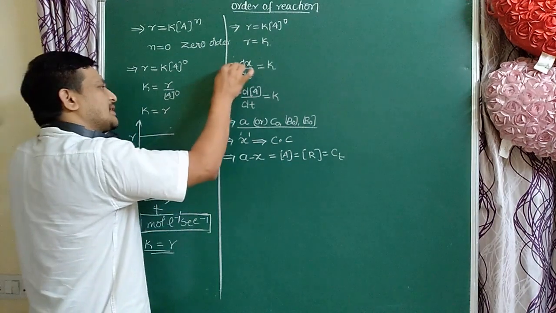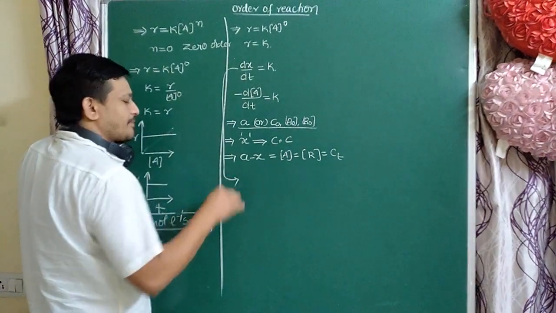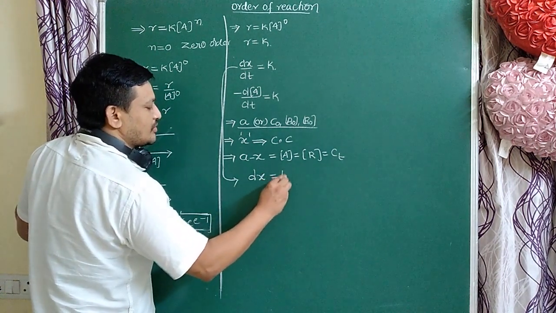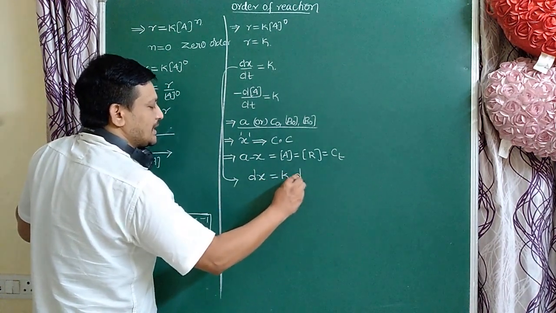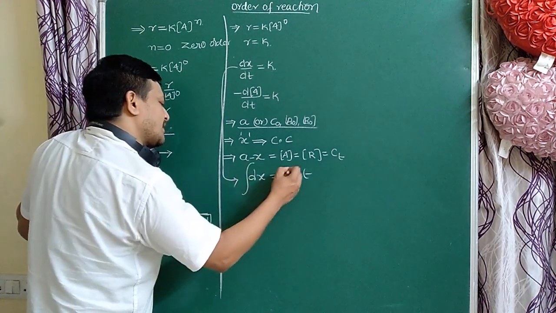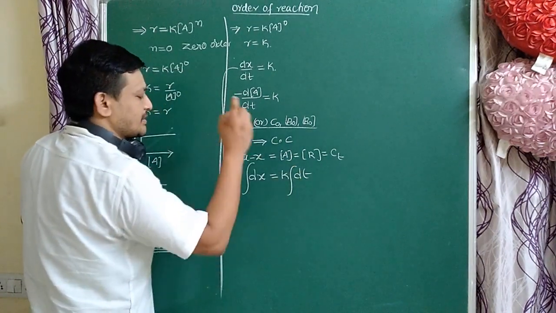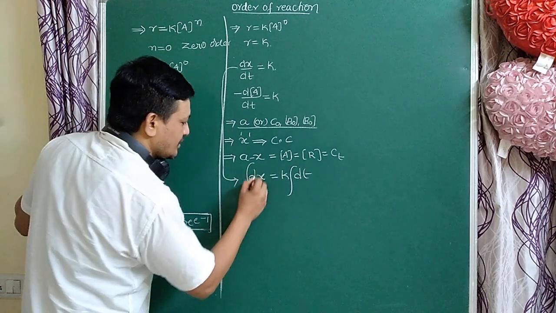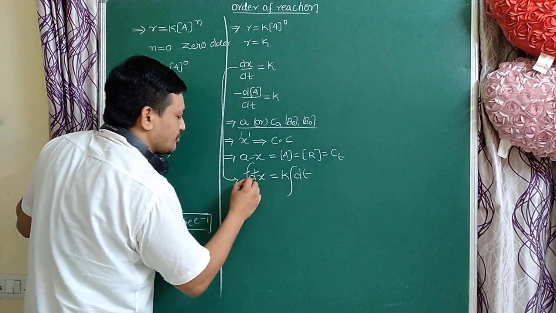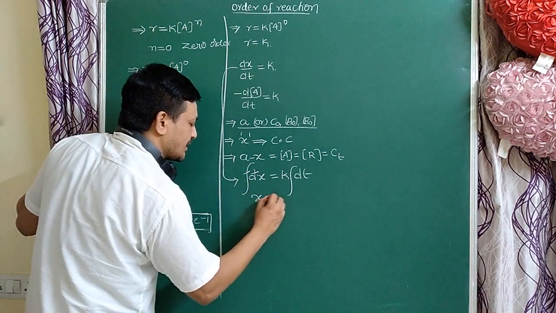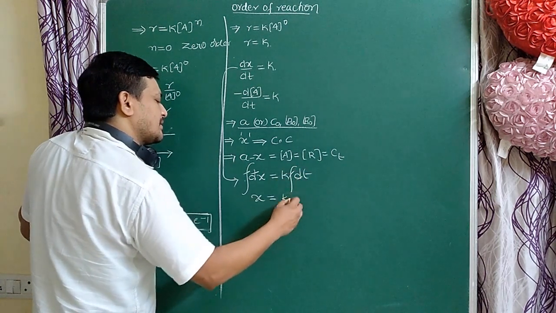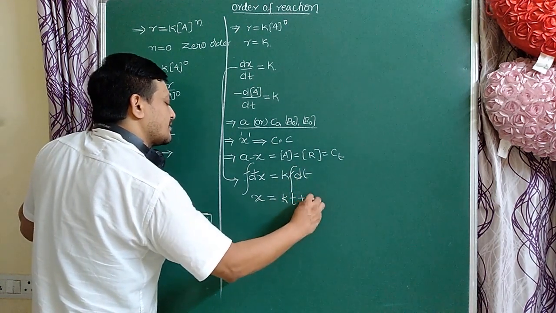Take dx by dt equal to k, so dx equal to k into dt. Apply integration on both sides, k is a constant. Derivative and integration are opposite, so they cancel, giving x equal to k into t plus I, the integration constant.